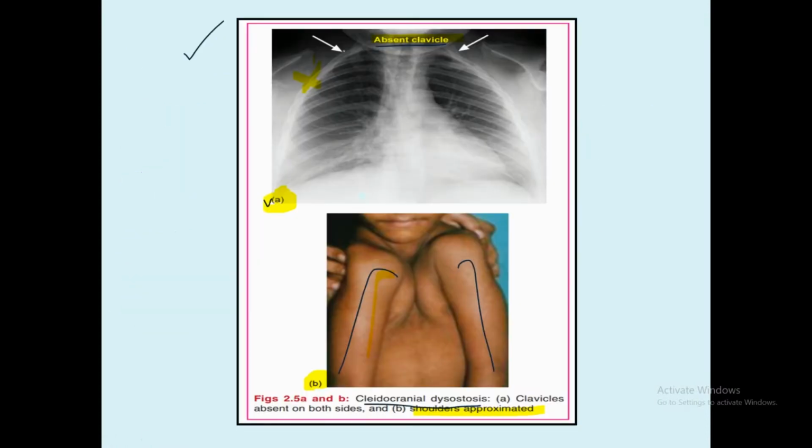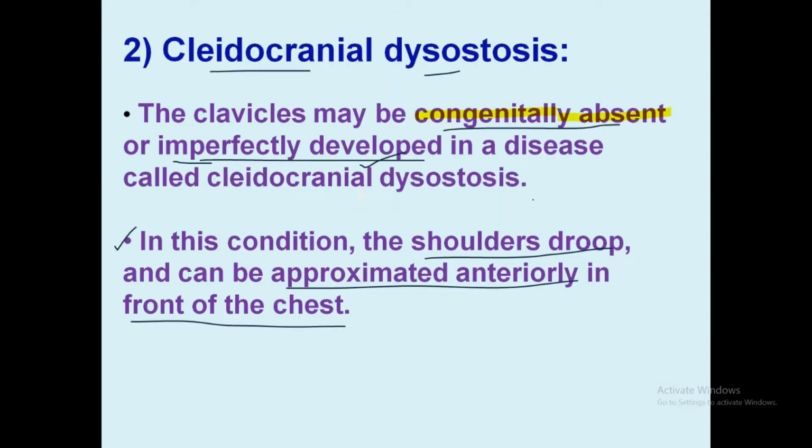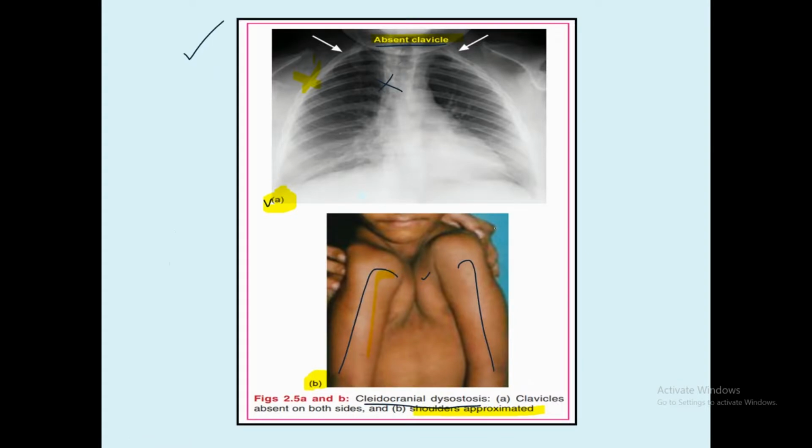So these are the two conditions: in one the clavicle is absent, and in the other it is imperfectly developed. In this condition the shoulders droop and are approximated anteriorly in front of the chest. So here we have to know one thing.